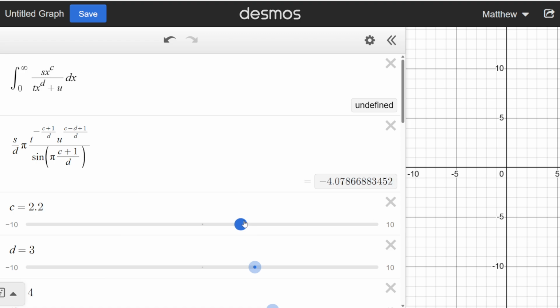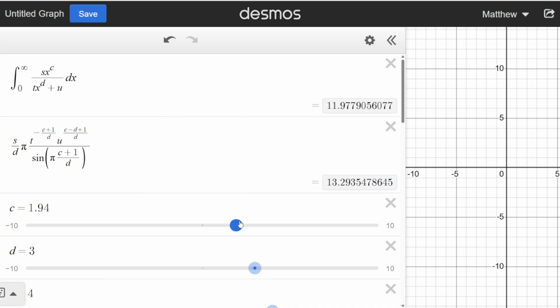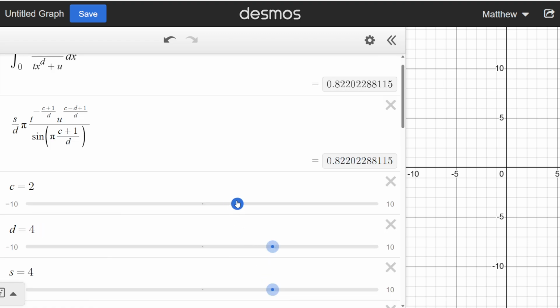Probably because of the difference between C and D. You'll see this thing is not going to converge unless our D is at least 2 more than our C. So let's increase our D here, and then you can see we can drag that C up to, well, actually it needs to be at least 1 more than our C.